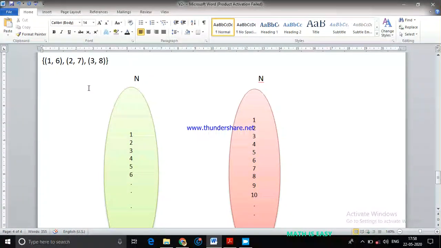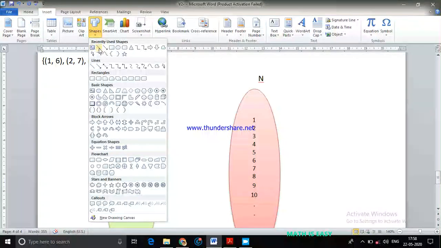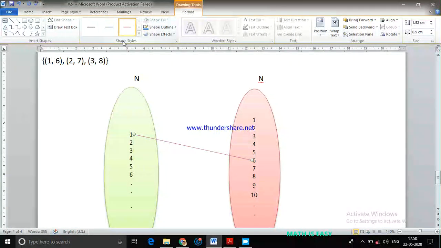Now let's try to map it. 1 is mapping with 6. Then 2 is mapping with 7. Then 3 maps with 8.